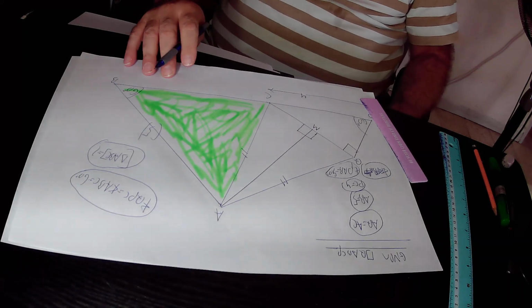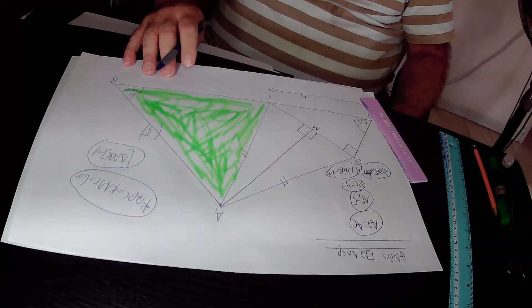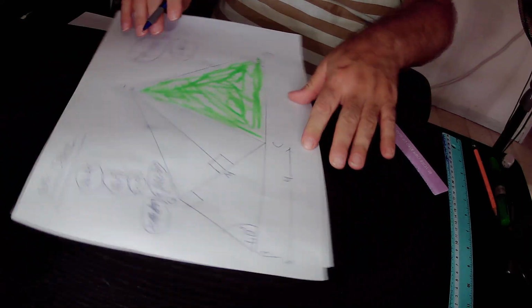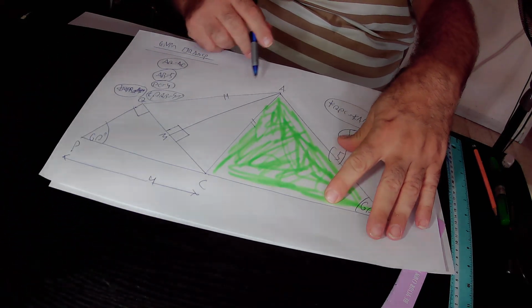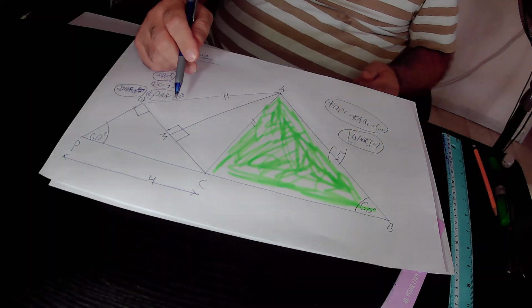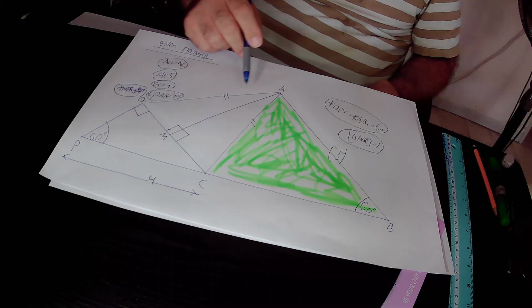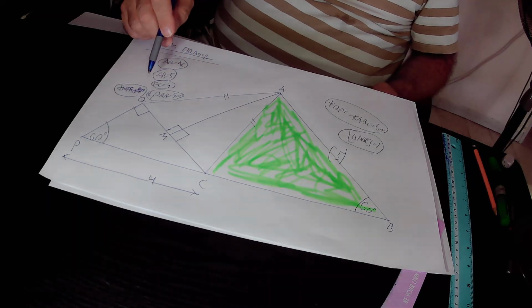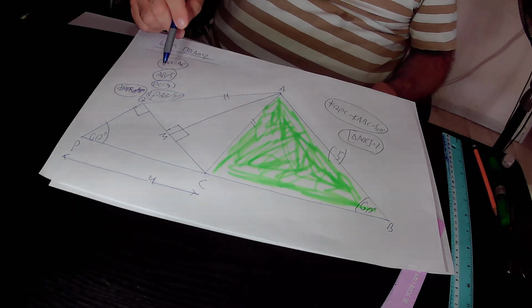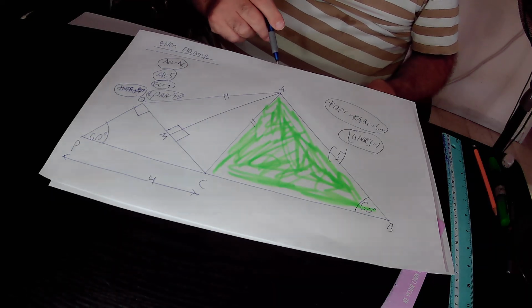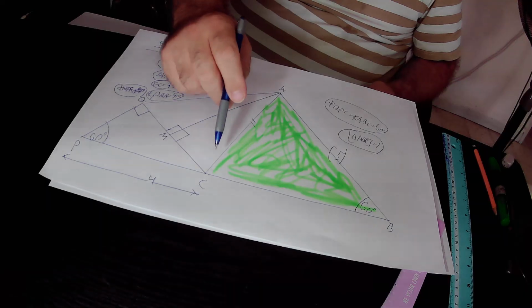And we have the rule that says that the perpendicular to the base of an isosceles triangle bisects the base. So according to the rule that I mentioned, the perpendicular AM to the base QC bisects base QC. That is to say, it divides the base QC into two halves.